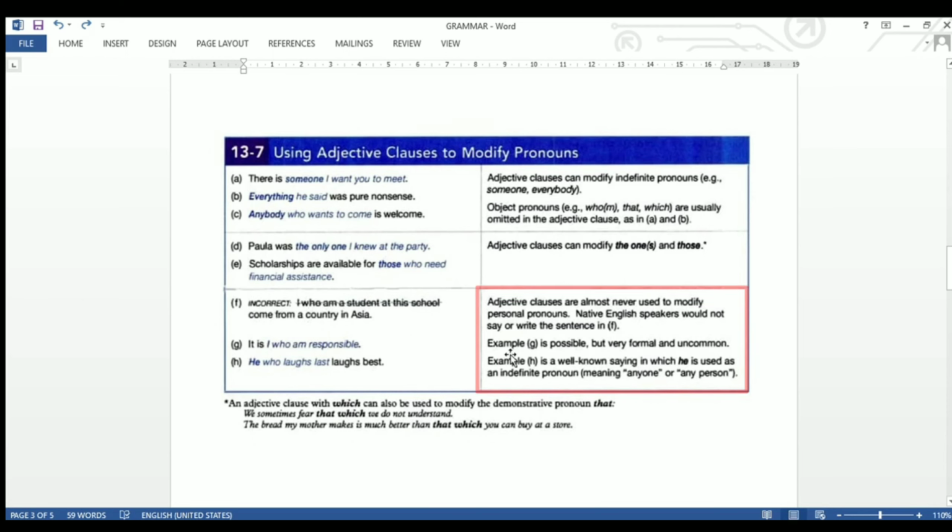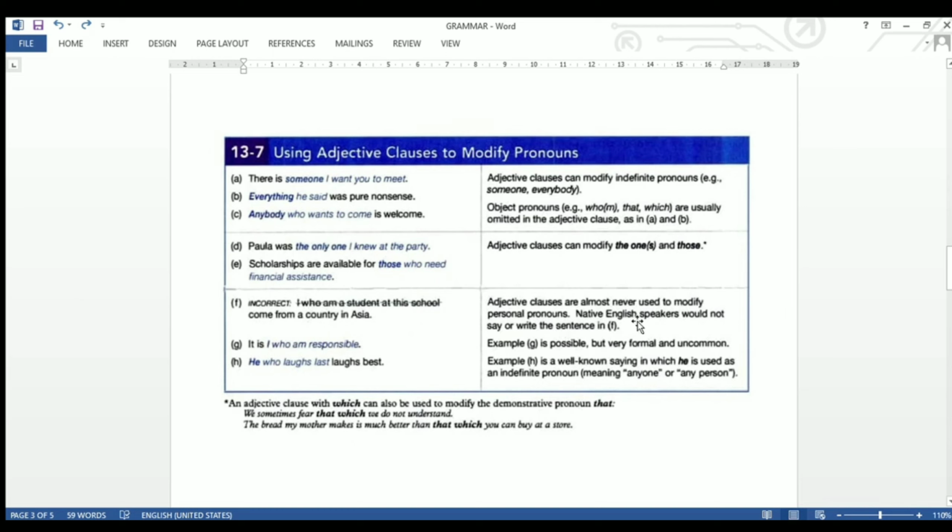Okay, the third point is, look at the example first. "I who am a student at this school come from a country in Asia" is incorrect because adjective clauses are almost never used to modify personal pronouns like I, he, she.